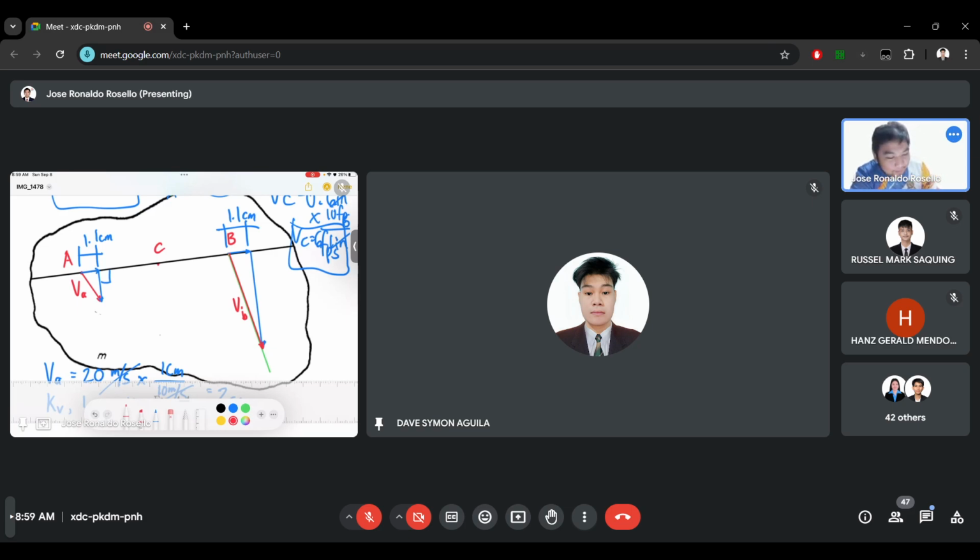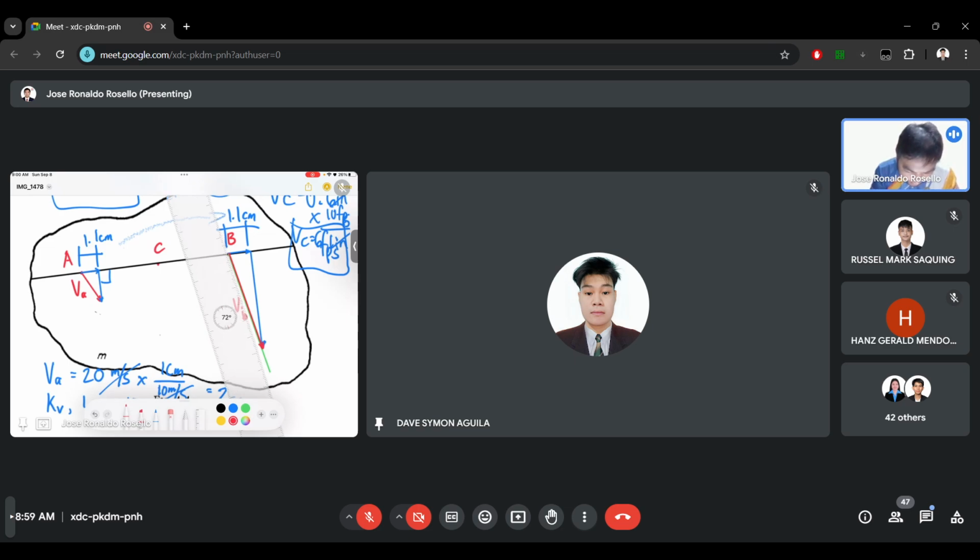So, let's just copy the component from the line to point B. Then let's make a perpendicular component going to the direction of velocity b. So that's it. We now have to measure velocity b. If velocity a is 2 centimeters, let's measure b.